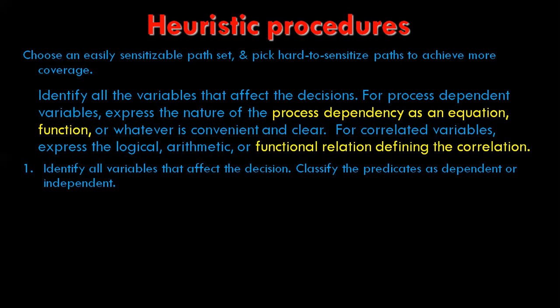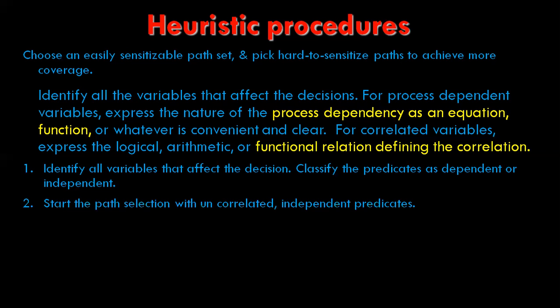Once the variables are classified, we have to determine and classify the predicates that depend on the input variables into dependent, independent, or correlated predicates, and also show the type of the relation existing among them.